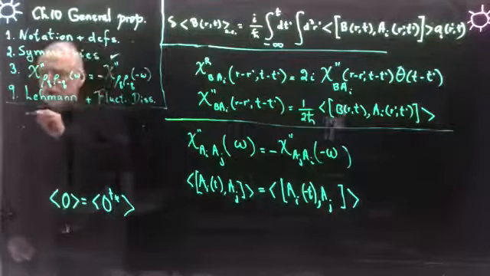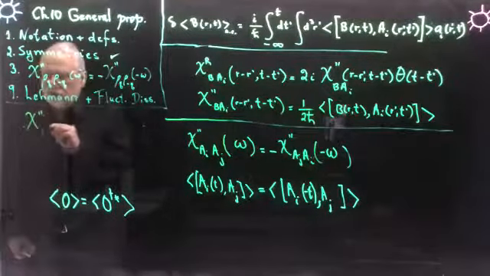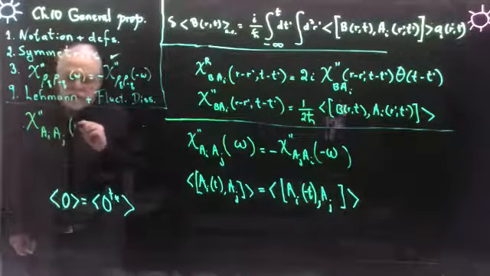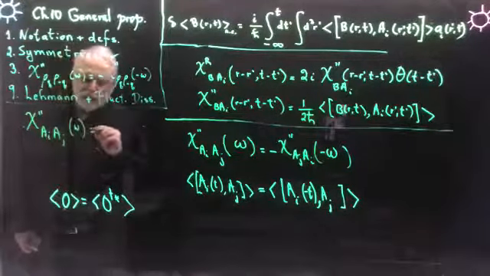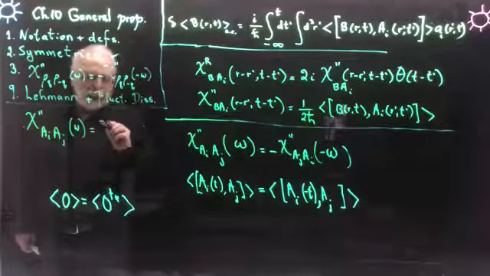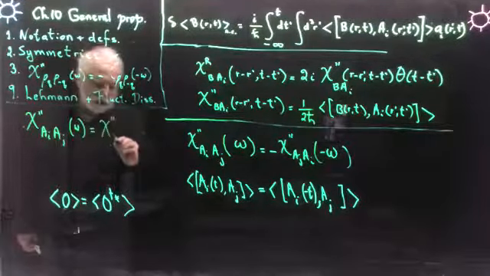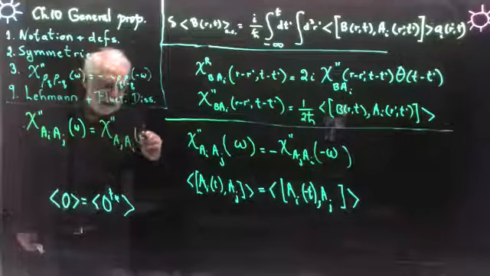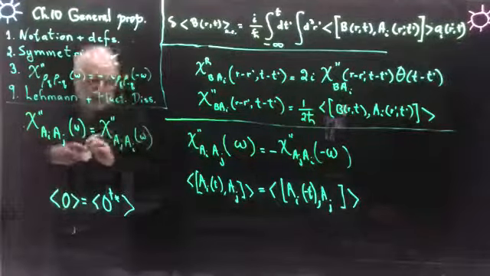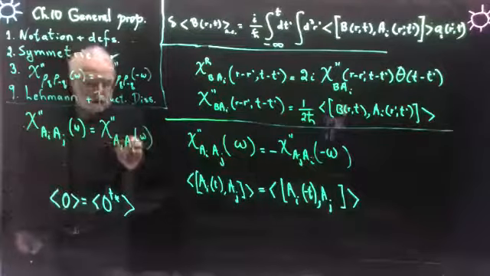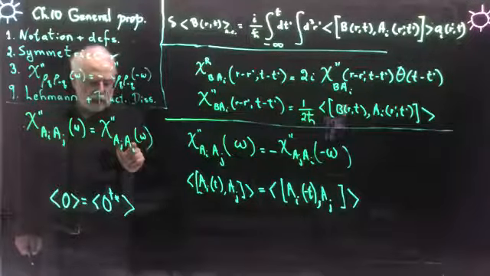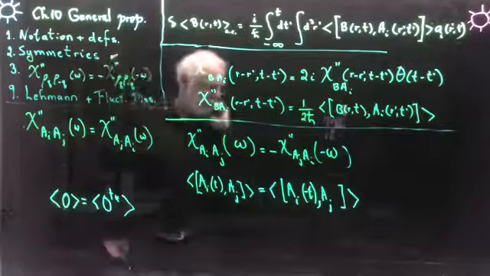So chi double prime of AI, AJ of omega is equal to chi double prime of AJ, AI of omega. If these operators have the same signature under time reversal, then I can invert this.